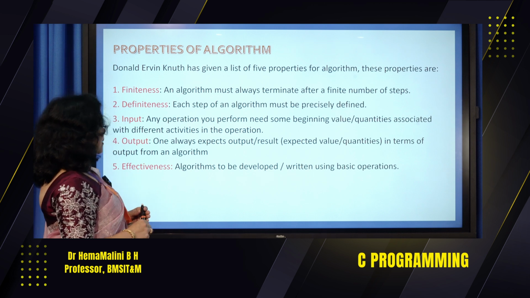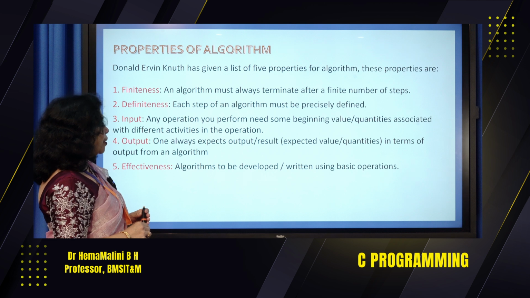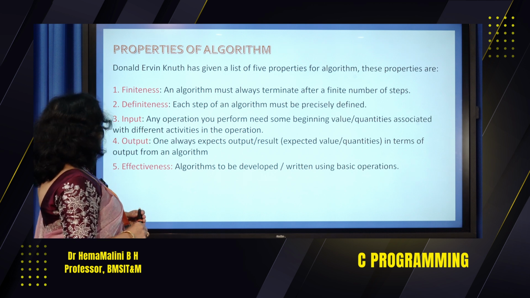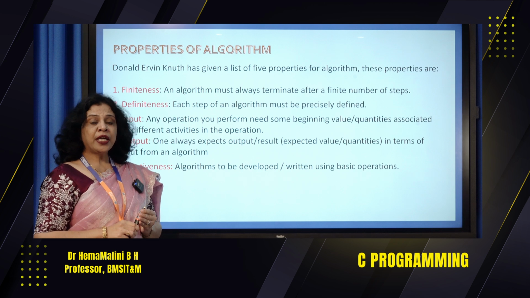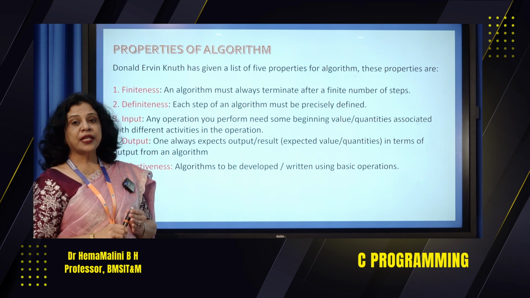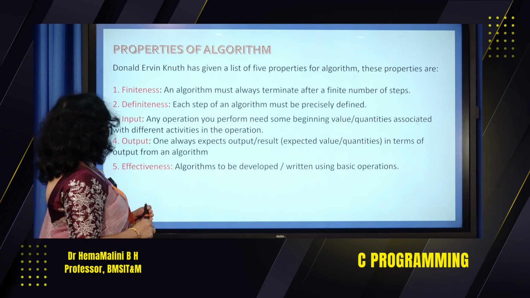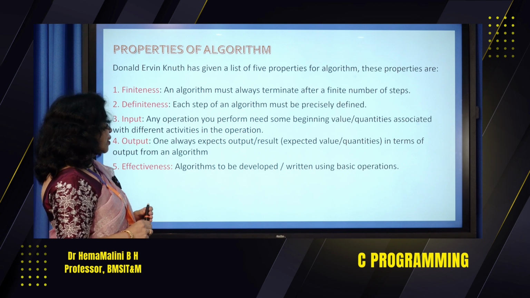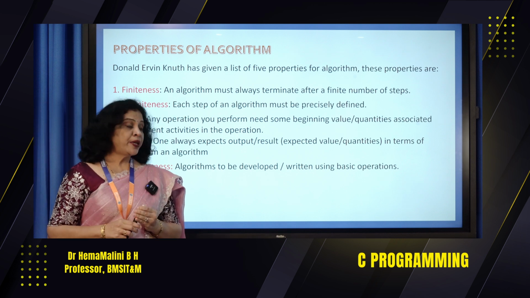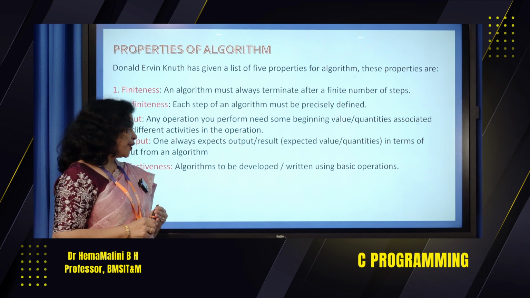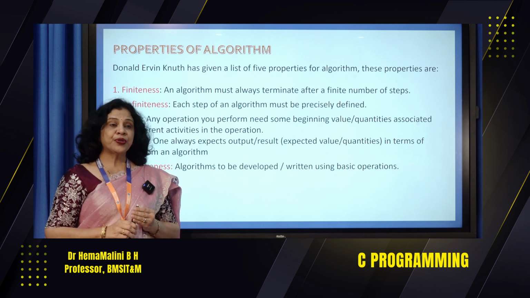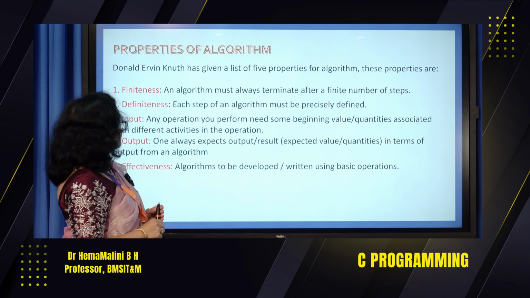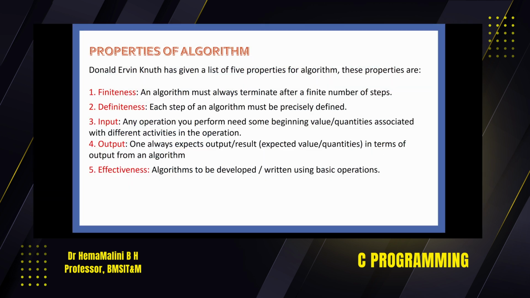One always expects a result in terms of output from an algorithm. So, any algorithm should generate the output. Effectiveness. The algorithm should be developed using basic operations. So, these are the 5 properties of an algorithm.